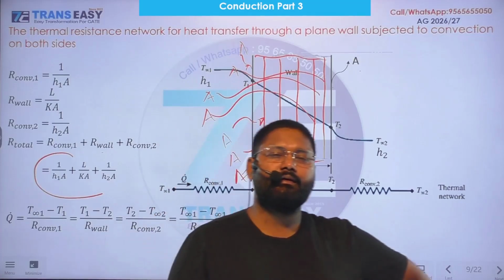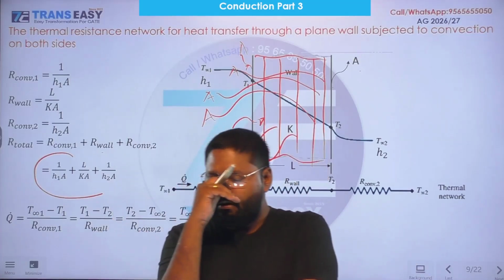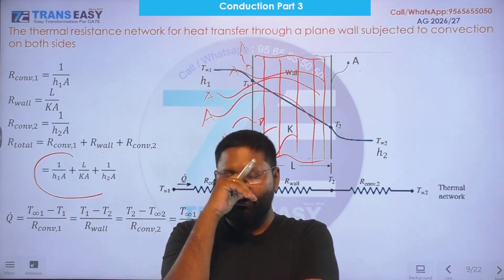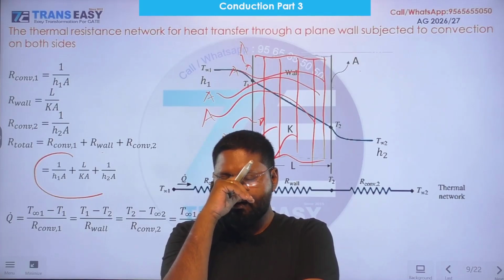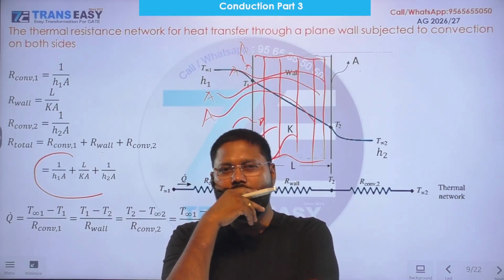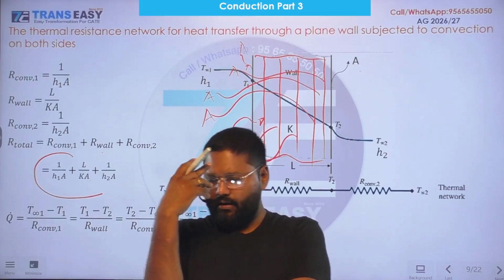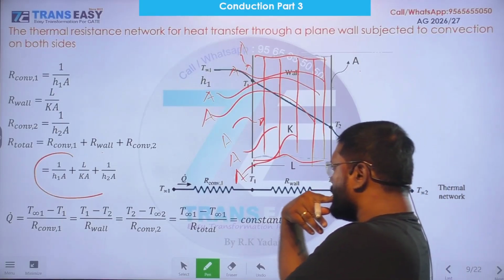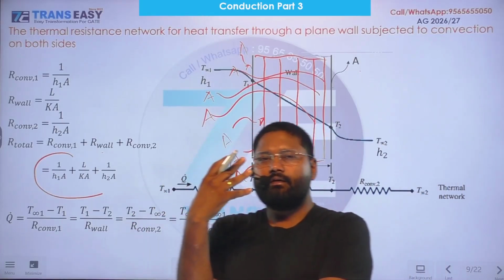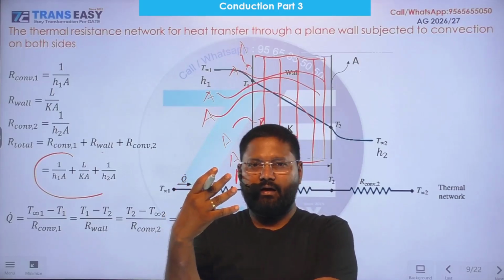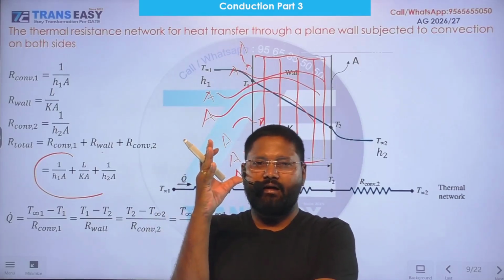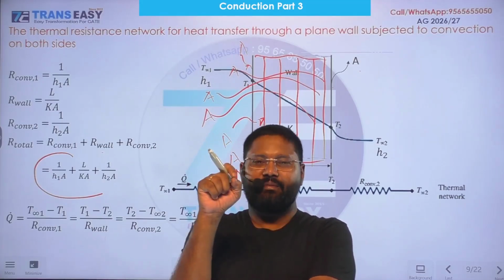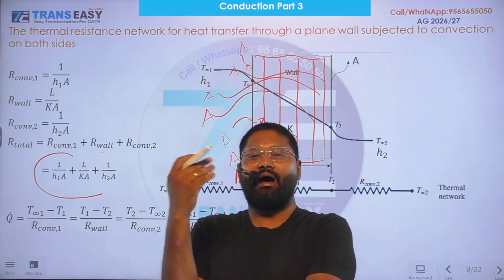how to find overall heat transfer coefficient U in the case of heat transfer involving cylindrical pipe, where in that case we use a particular area, and corresponding to that area we define overall heat transfer coefficient, like overall heat transfer coefficient based on inner surface area, overall heat transfer coefficient based on outer surface area.